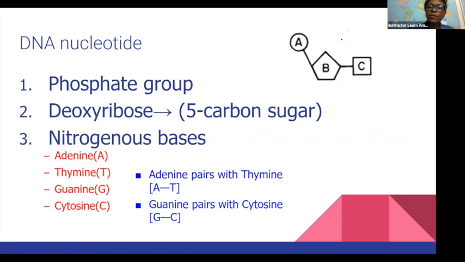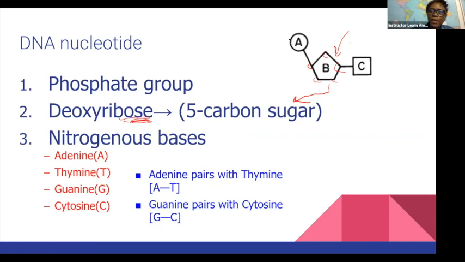If you were there at the review session, we spoke about that 5-carbon ring representing part of a carbohydrate group. So this is a sugar, and the 5-carbon sugar is deoxyribose. The ending in -ose is a good indicator that something is a sugar.